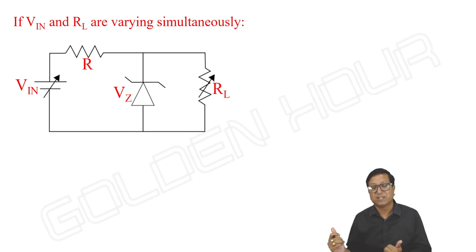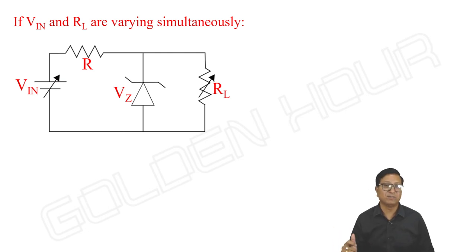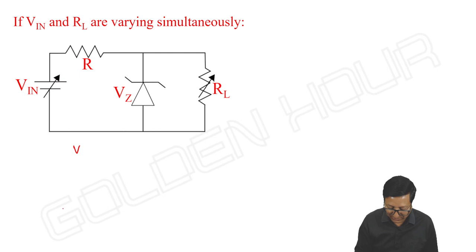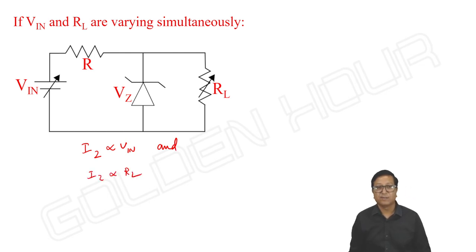RL decreases, definitely IZ will decrease, and if RL increases, IZ will increase. So we understand that IZ is proportional to V input and IZ is proportional to RL. No doubt about it. It's a very, very important point. That's what we understood from the previous two things.